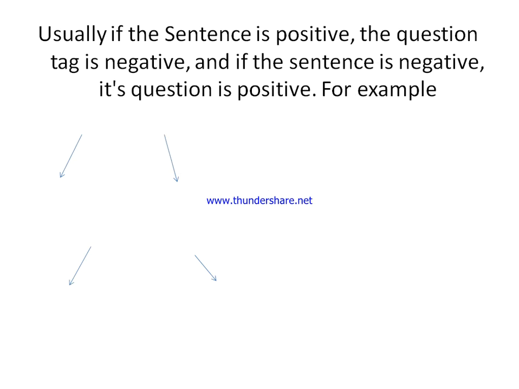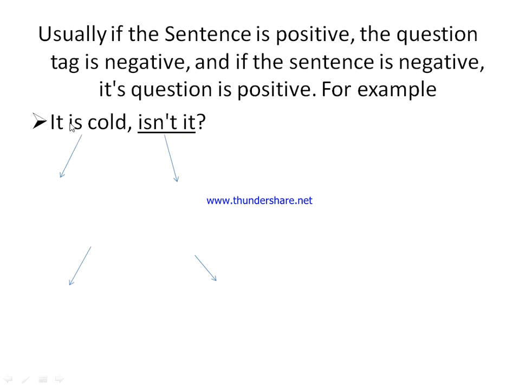So we use auxiliary verbs as well as pronouns. Usually if the sentence is positive, the question tag is negative, and if the sentence is negative, its question tag is positive. Let's see an example. The statement is, it is cold, isn't it? You can see the sentence here, it is cold. The question tag is here, isn't it?